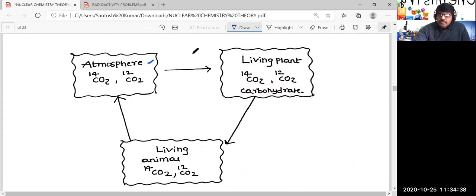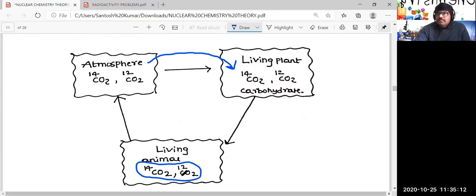When they absorb carbon dioxide from the atmosphere into the living plant, both carbon 14 and carbon 12 enter, and both are converted into carbohydrate. And that carbohydrate passes from living plant to living animal, it may be a human being, right? So both are coming into a living plant or living animal, in the form of carbohydrate.